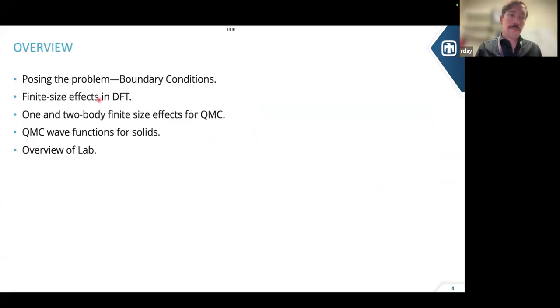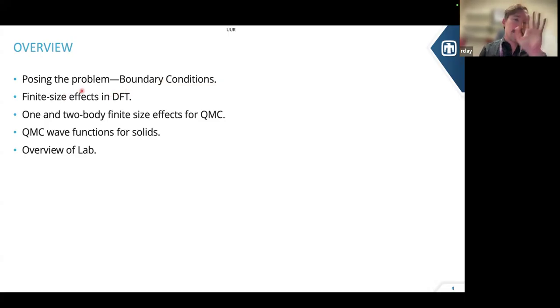So we're going to structure this lecture basically breaking it down. Basically, how do we pose the problem of a macroscopic system in a way that we can computationally deal with? And so we'll spend a little bit of time talking about boundary conditions. And then, I'm assuming you all have some experience with DFT.